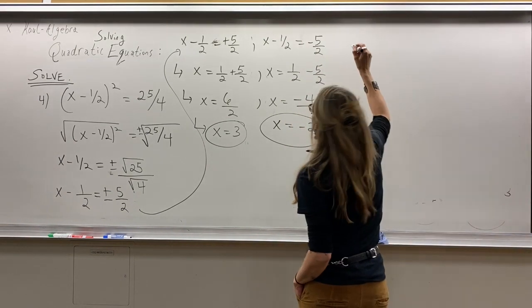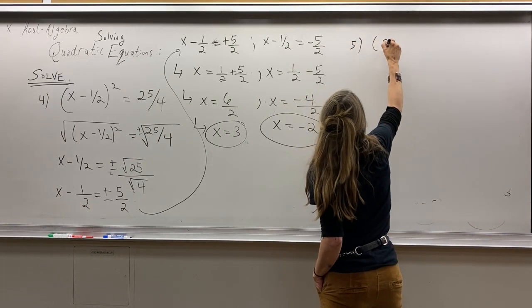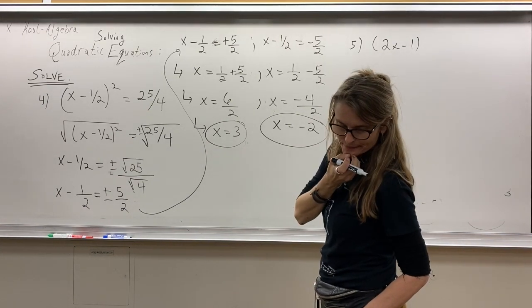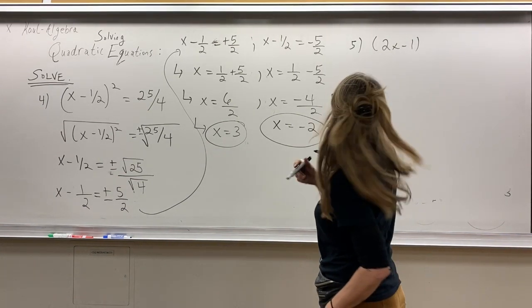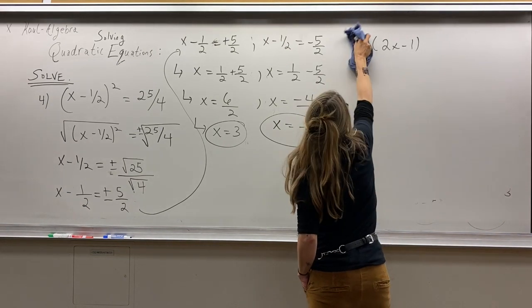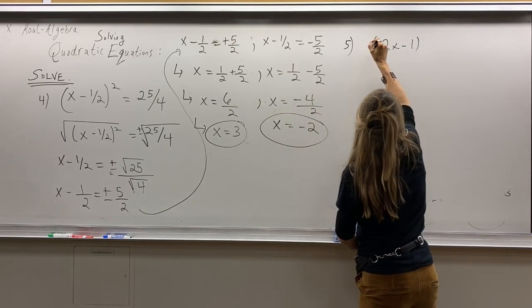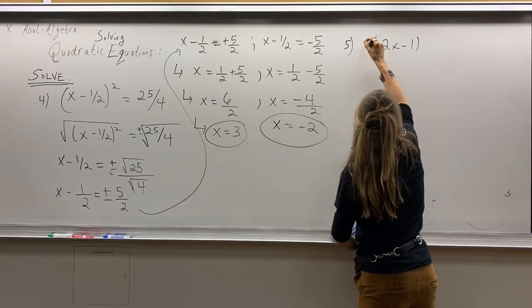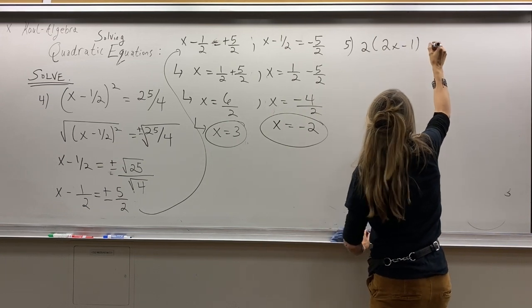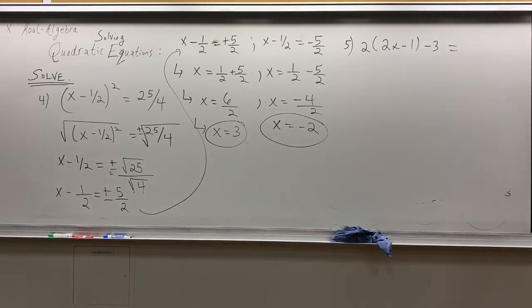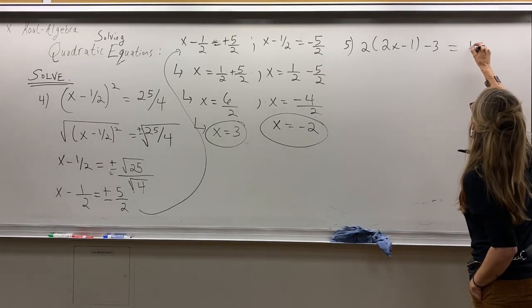Let's go ahead and do a problem like 2x minus 1, and let's say I have a 2 and then minus 3 equals, let's see, what's a good number? 15.